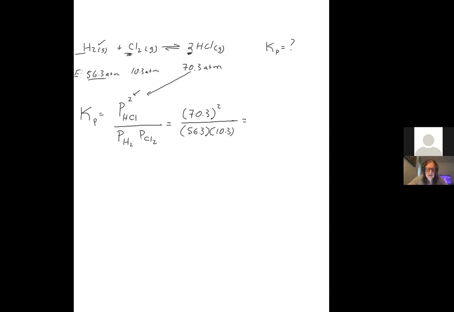Now we can go ahead and calculate that. I'm going to take 70.3 and square it, then divide that by 56.3, and then divide it by 10.3.